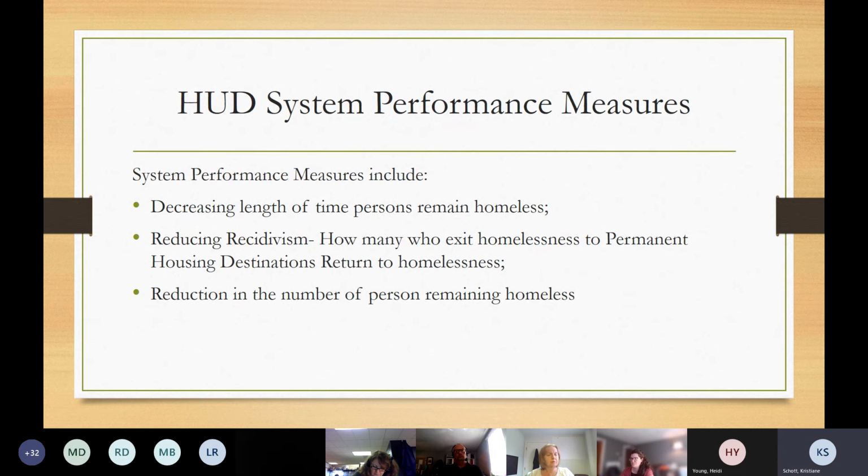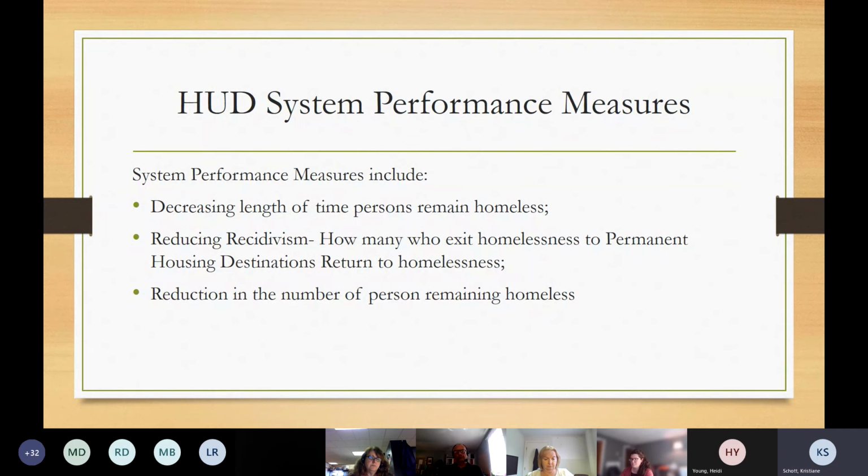HUD has released system performance measures, which are submitted annually by each of the continuums of care. This information is shared with the entire balance of state membership, but system performance measures include looking at decreasing the length of time a person remains homeless. So looking at how the overall continuum of care is reducing the length of time people remain homeless.